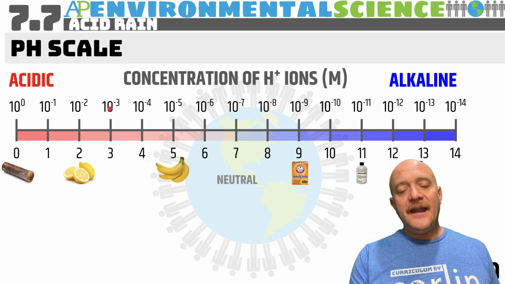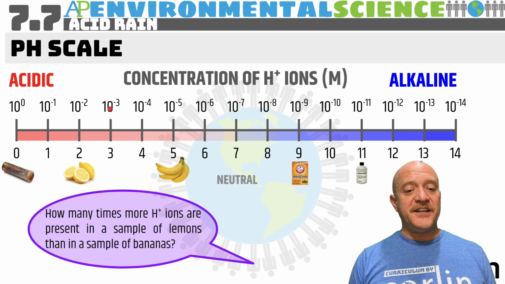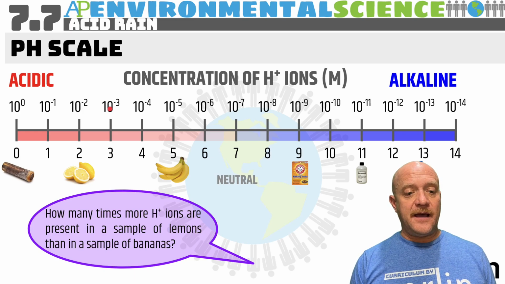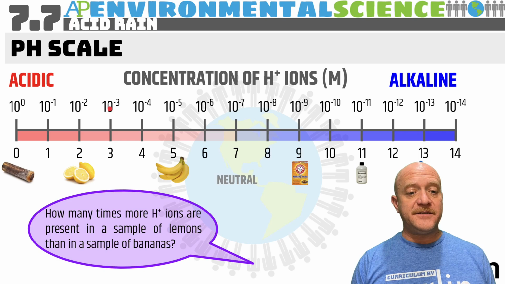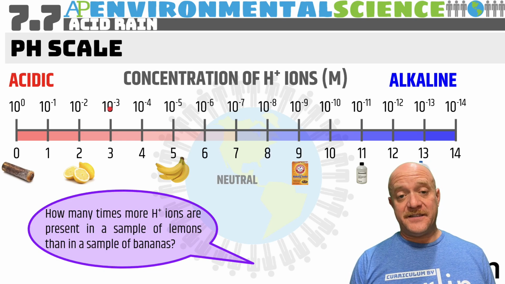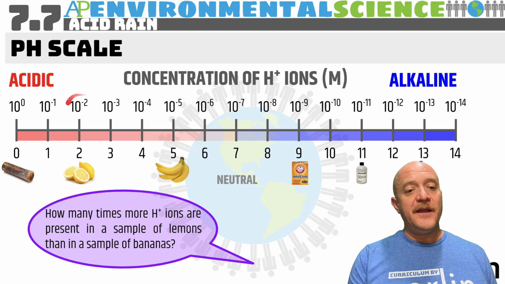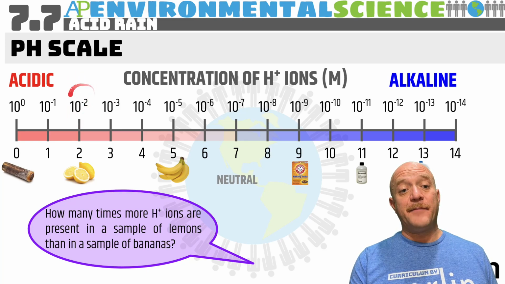In other words, if you are asked a question like how many more times hydrogen or hydronium ions are present in a sample of lemon than in a sample of bananas. So we're comparing lemons to bananas. We have a pH of 2 and a pH of 5. So notice the concentration is 10 to the minus 2 and 10 to the minus 5.